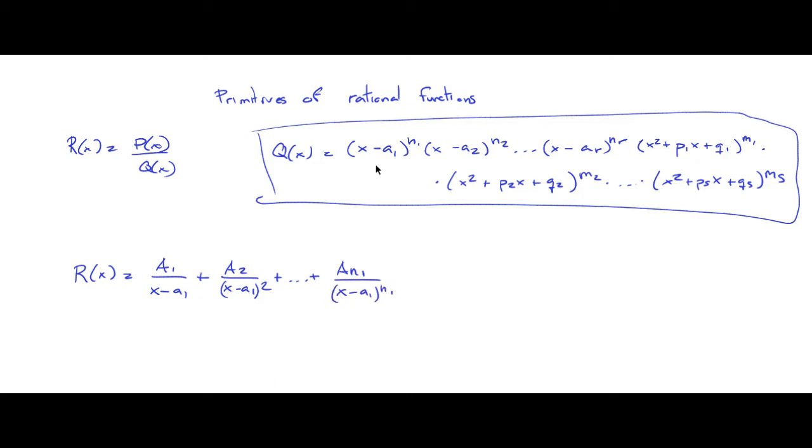That's just the first factor, and then the same thing with the second factor, b1 divided by x minus a2 to the 1, plus b2 divided by x minus a2 squared, and so on and so forth, up to bn2, n2 factors here, x minus a2 to the n2. And for all the simple factors it works the same.